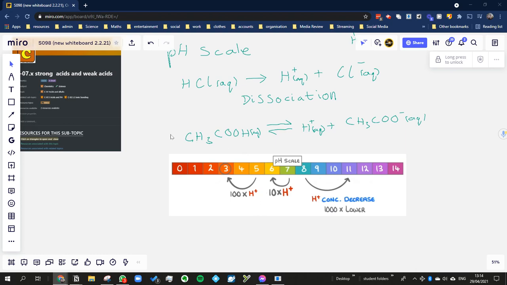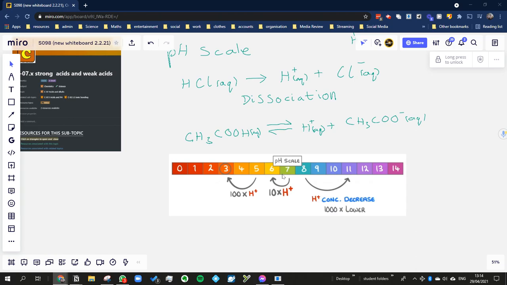And you could change the strength of the acid without changing the concentration, and that would also change the pH, because we're just changing the concentration of H plus ions in both cases. With the strength, it's how much they dissociate, whereas the concentration is just how many moles of acid we put in the water. So in both cases, when we change the strength or the concentration, we are changing the concentration of the H plus ions, or the protons.